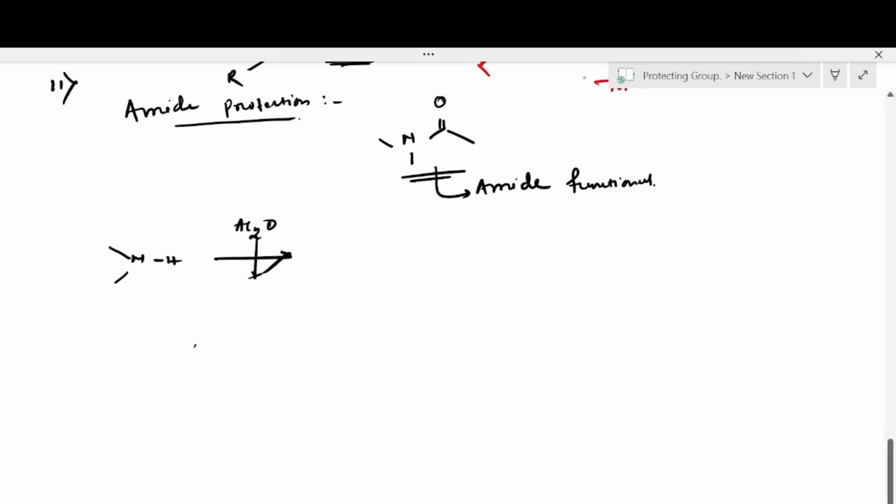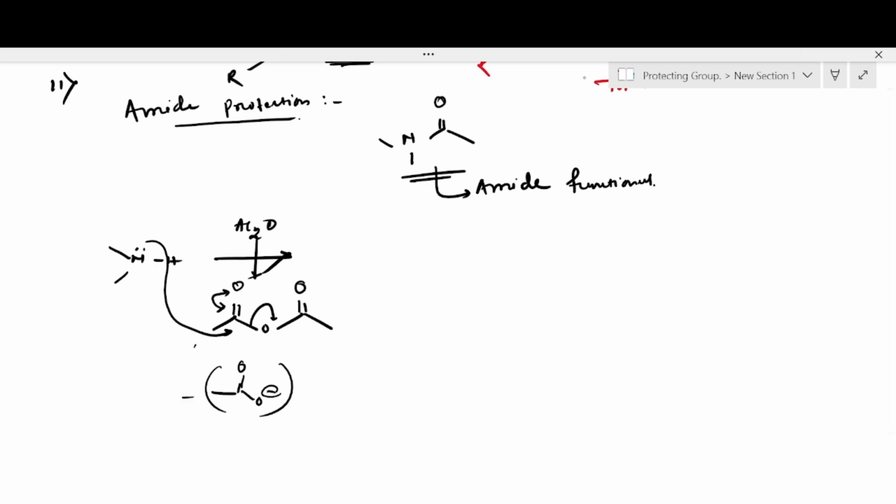What is acid anhydride? This is the chemical structure of acid anhydride. The nitrogen has a lone pair of electrons. It will attack one of the carbonyl carbons. Then the bond electrons will shift like this, and it leaves an acetate ion.